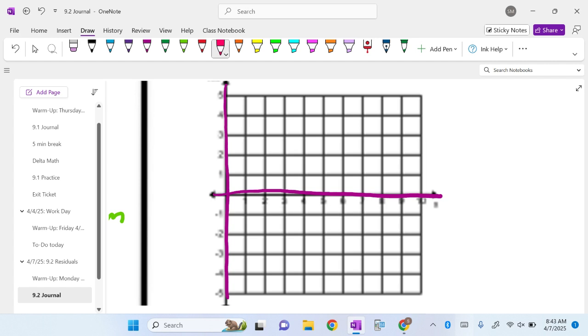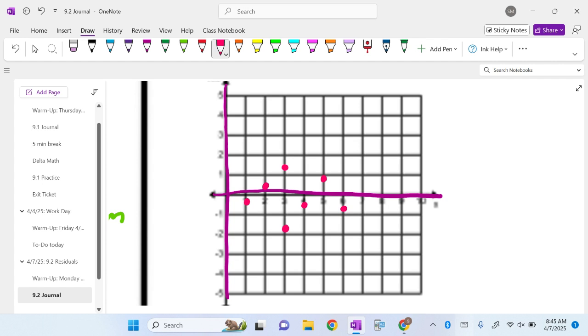So if I graph my residuals, I would have 1 and then negative 0.14, which is about right here. 2 and 0.12, which is very close to the x-axis, about right there. 3 and negative 1.62, so it's about a little more than halfway below negative 1.5, so right there. 3 and 1.38, so it's a little bit less than 1.5. 4 and negative 0.36, so it's a little bit lower than the one that we had at x equals 1. 5 and 0.9, so very, very close to hitting 1. 6 and negative 0.8, so again, very close to hitting negative 1.